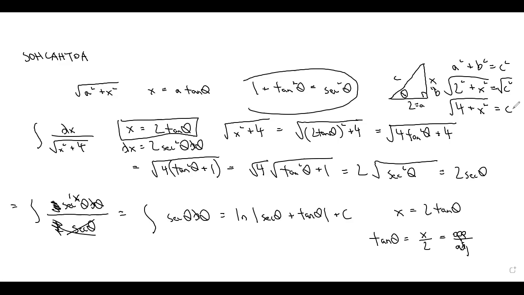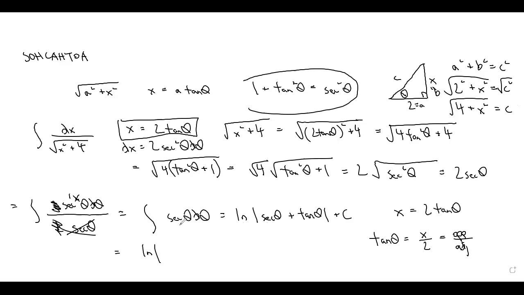So let's do this. So this is ln absolute value. So secant is, what is secant again? That's the inverse of cos. So that's going to be hypotenuse over adjacent, because cos is adjacent over hypotenuse. So for its reciprocal function, you just switch them.